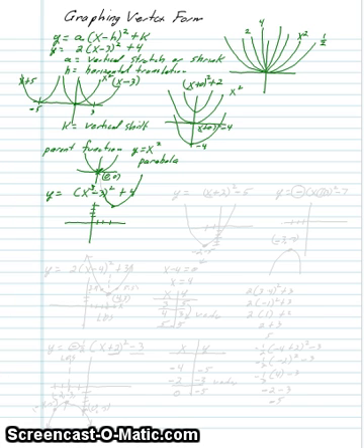So it looks like that. We have y equals (x plus 2) squared minus 5. We're going to move the vertex left 2 and down 5. So that's going to be negative 2, negative 5, and it looks like that.